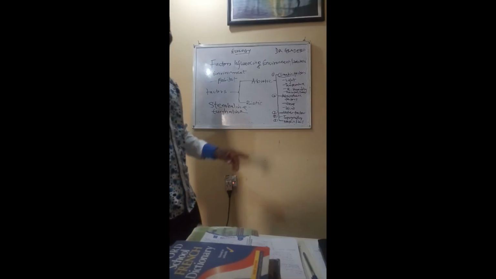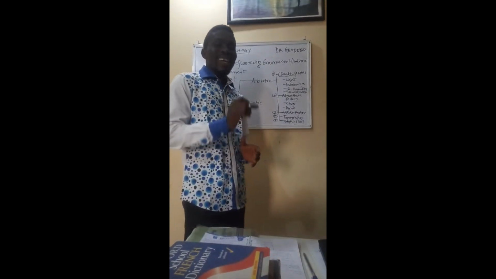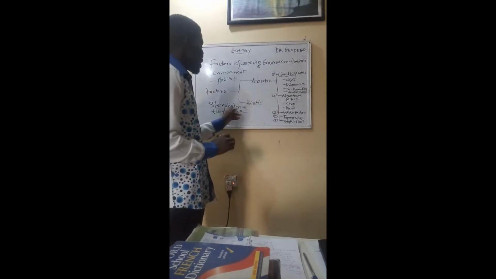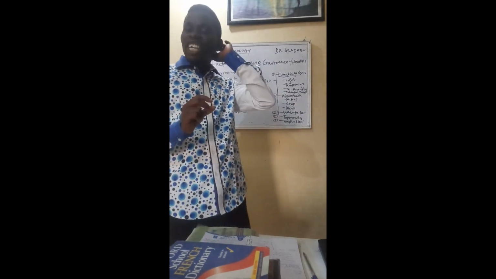Now the haline is from the word salt. The stenohaline are the animals or aquatic organisms that can only tolerate a narrow range of salinity changes.